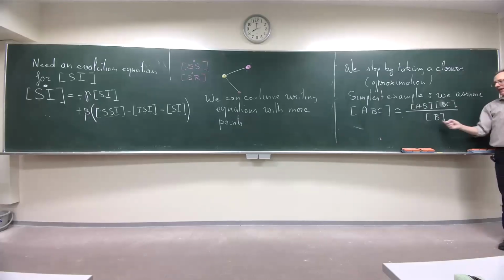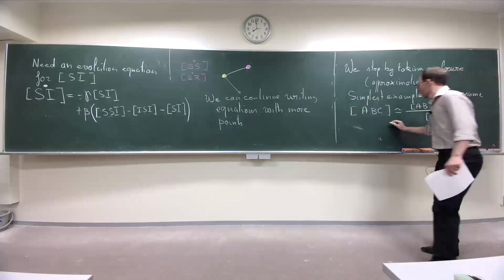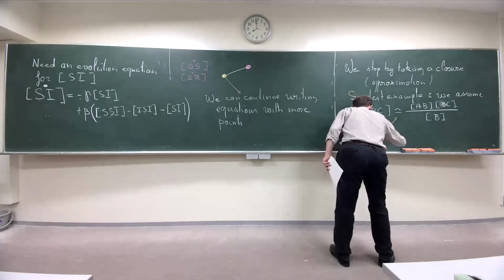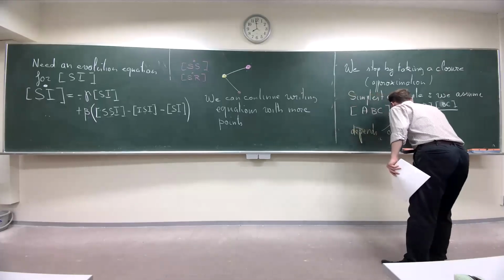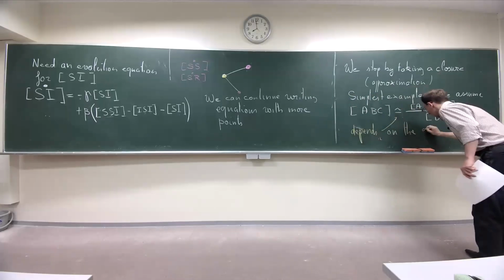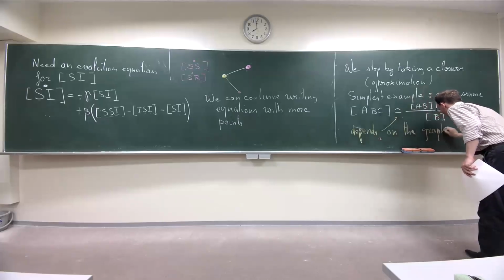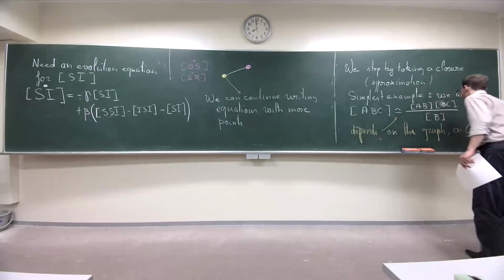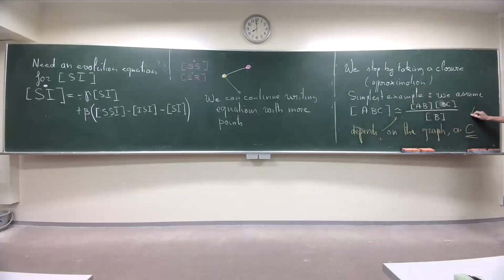There are justifications, but this approximation depends on the graph. In particular, it depends on the clustering coefficient C. I don't know in which sense it goes.